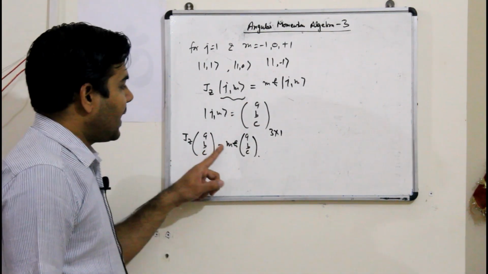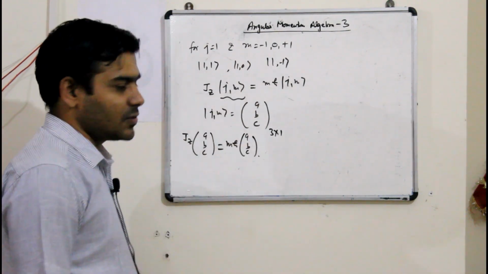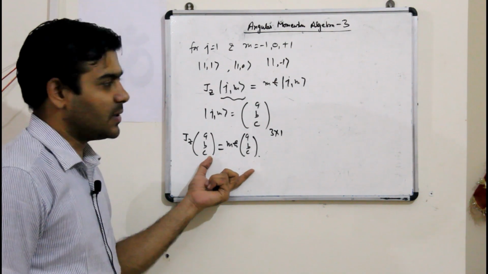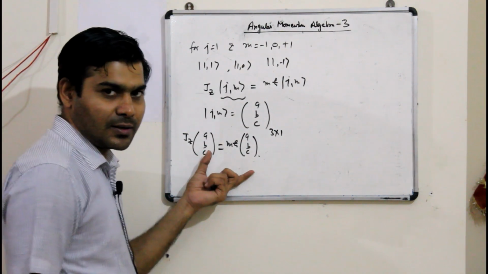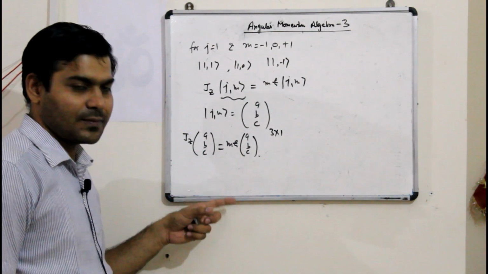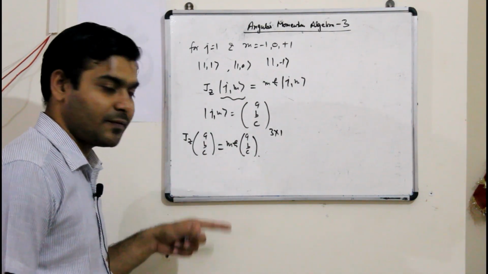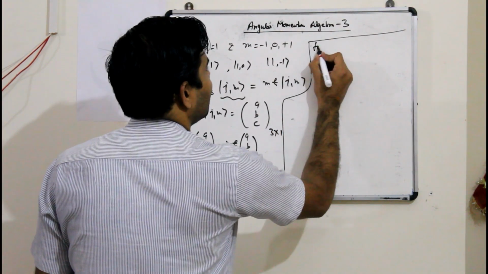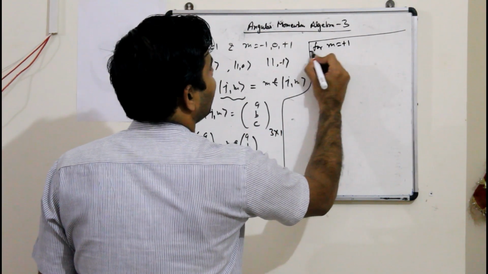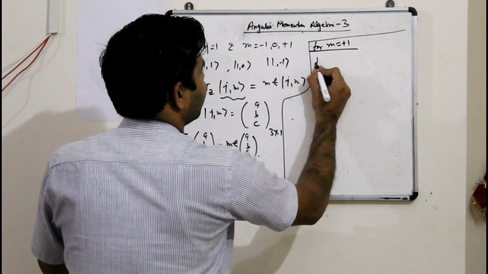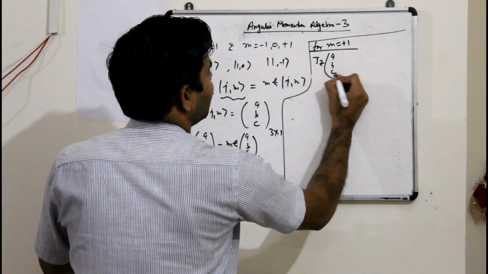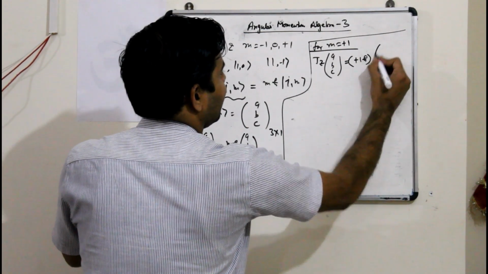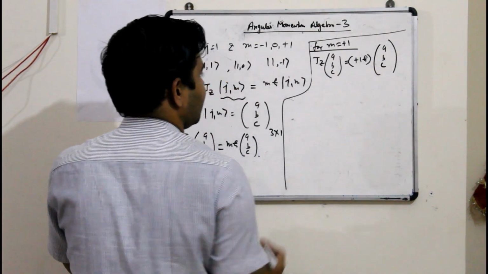Now m has 3 allowed values, plus 1, 0 and minus 1. So basically this particular equation is a set of 3 equations which will help us find the values of a, b, c. Let's find them. For the m equal to plus 1 case, this equation says Jz acting on a, b, c will give me plus 1 h cross times a, b, c back, because this is an eigenvalue equation.